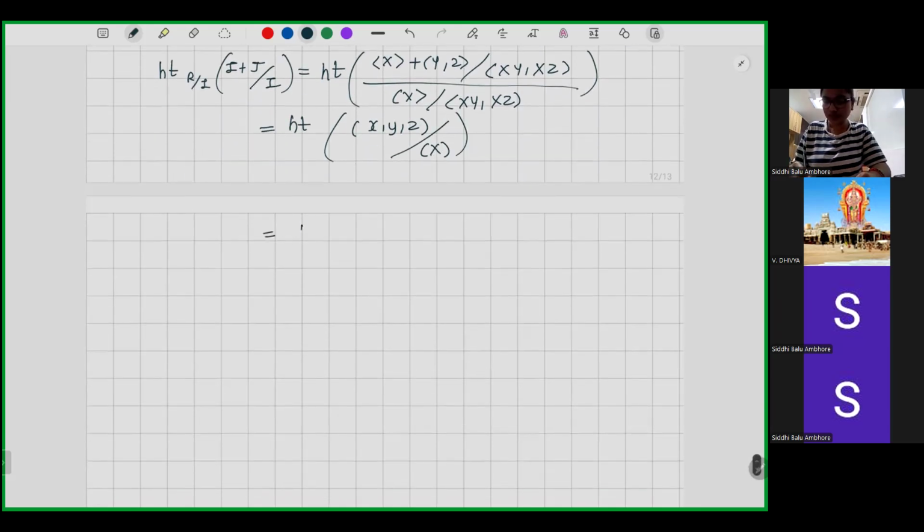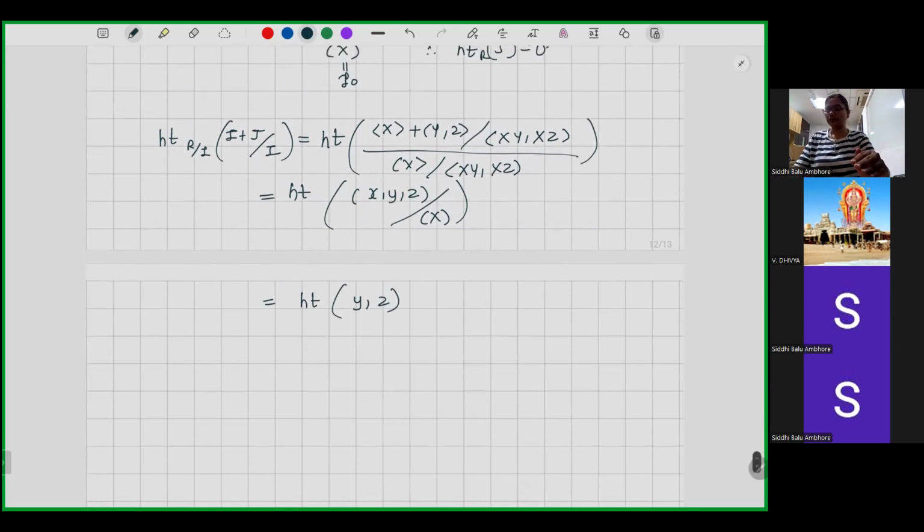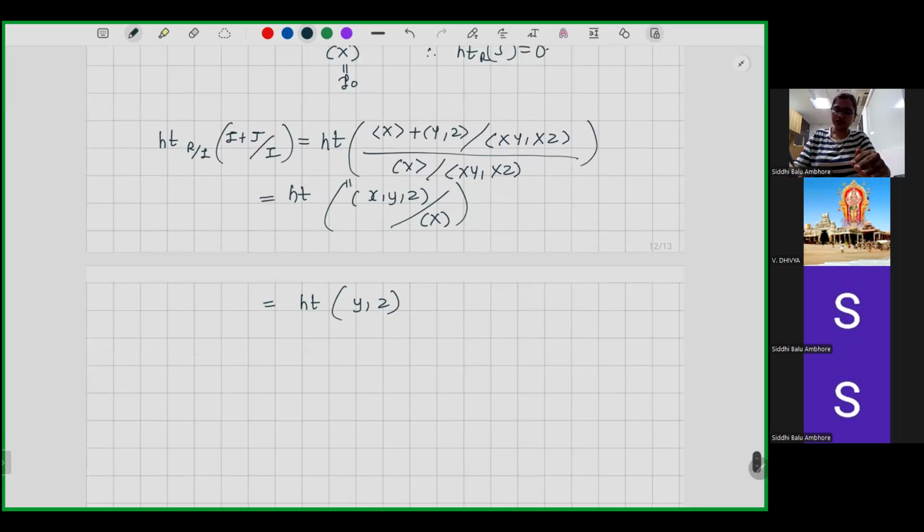So this is the height of this ideal y comma z. Is this clear how we are getting this? These two are isomorphic rings. Let me just write this.